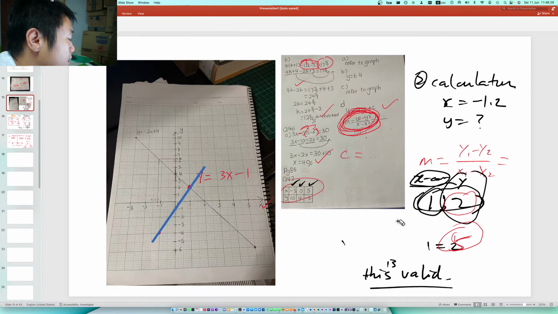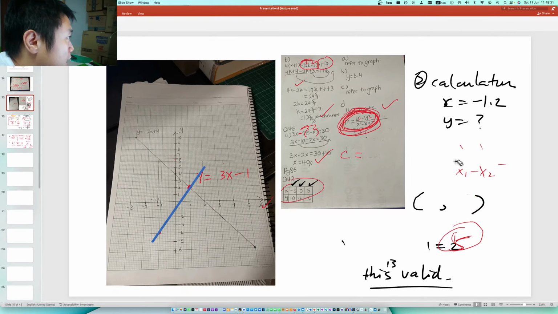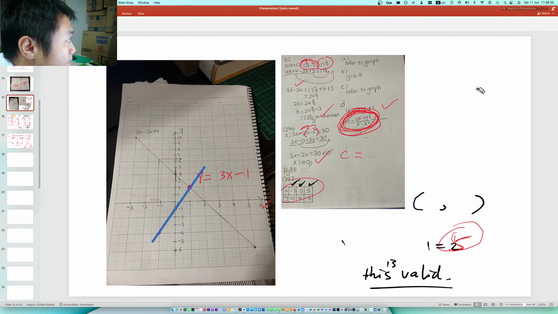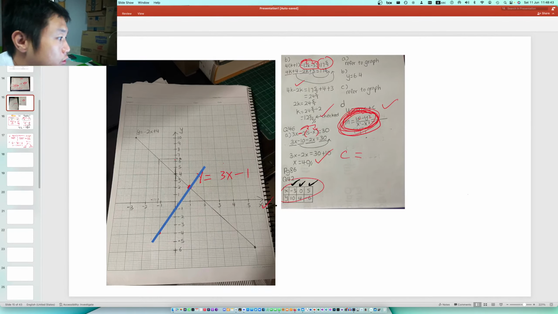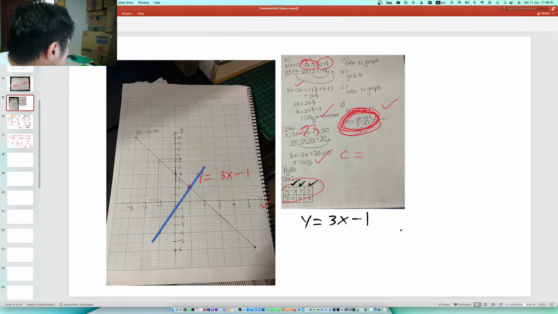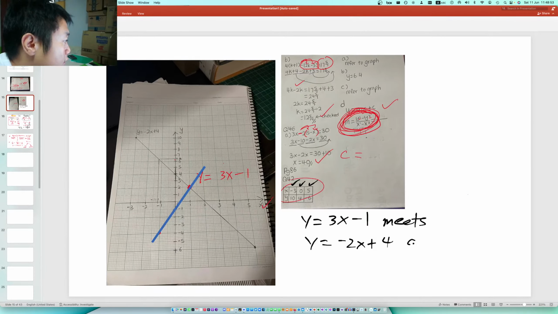Okay. So what is so special about these two lines? Anything special or nothing special? Or you can look at my screen. They meet each other at a coordinate. Very good. So in a way, y equals 3x minus 1 meets y equals minus 2x plus 4 at one point, right?